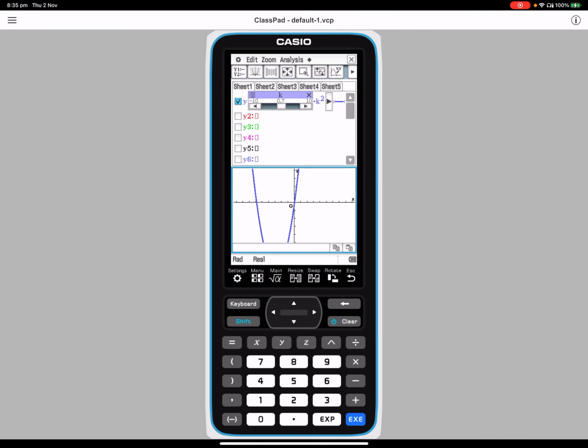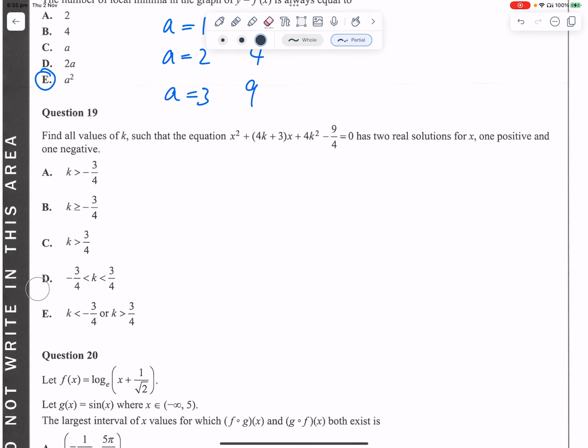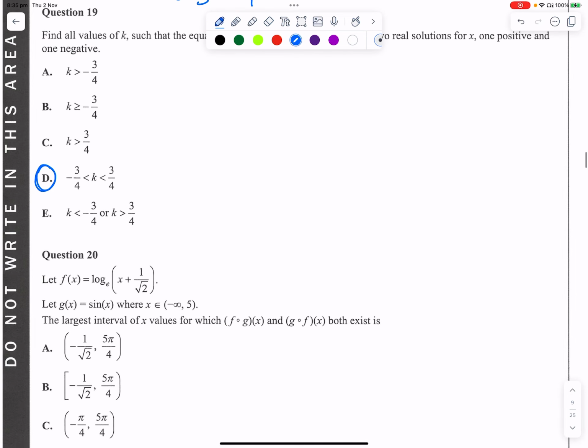So 0.7, we've got them between 0.7, still going. Okay, negative 0.75 and 0.75. Because I knew it couldn't be 0.7, it's got to be something else, and we knew that was 3/4.